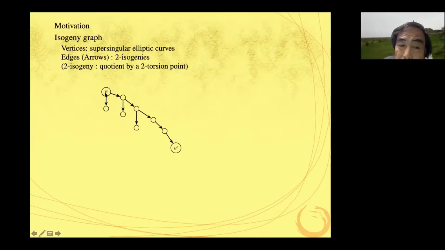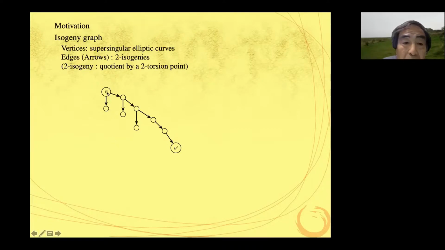For each elliptic curve, we have three 2-isogenies because we have three 2-torsion points. We take one 2-isogeny and go to the next supersingular elliptic curve, and again we take one 2-torsion point and consider the 2-isogeny, and go to the next one, and so on. And finally, we assume we get to E'.